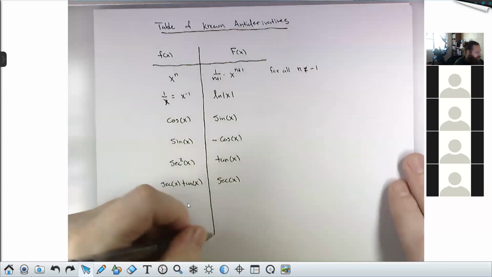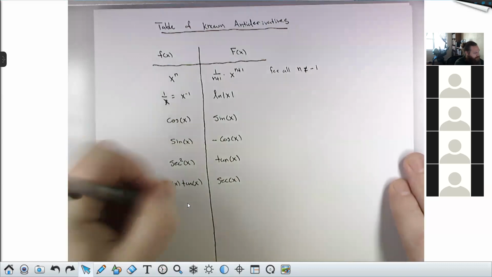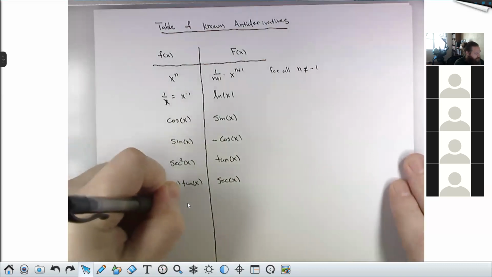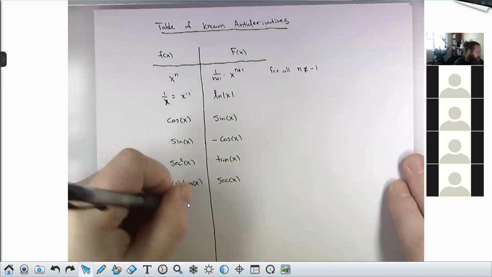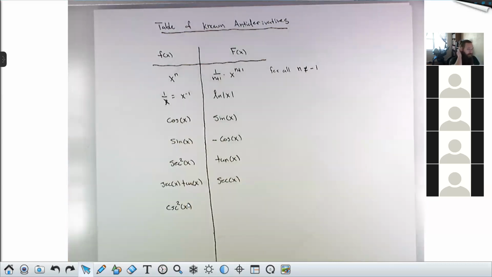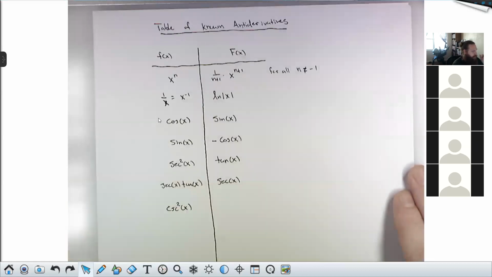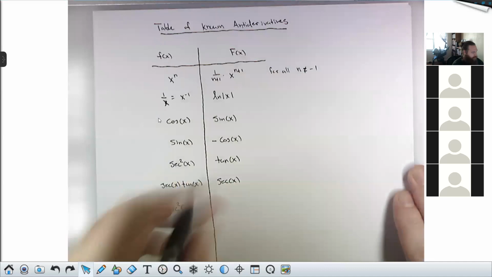And there are co-function derivatives that match these, like, whose derivative is cosecant squared. Cotangent. It's almost cotangent. We're on the right track. Negative cotangent. Very good, negative cotangent. Remember, the derivative of cotangent is negative cosecant squared.